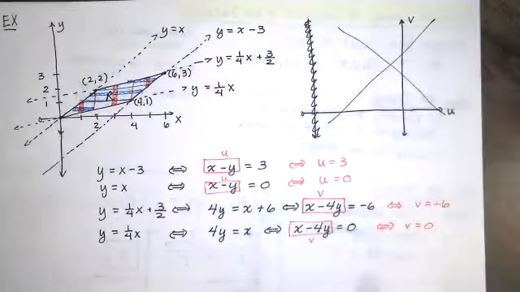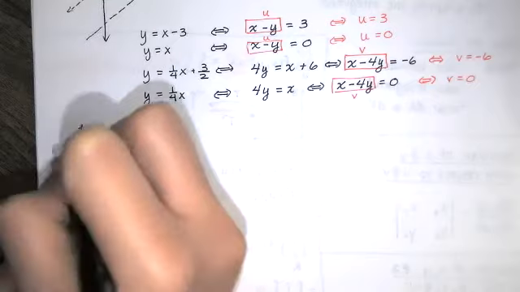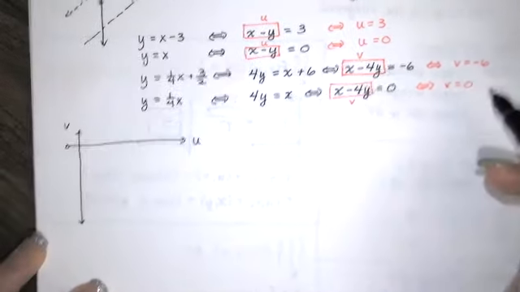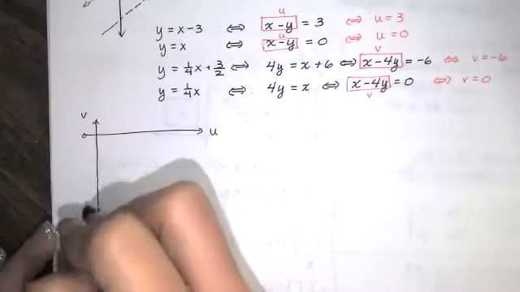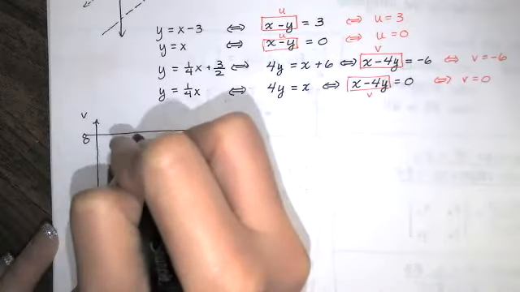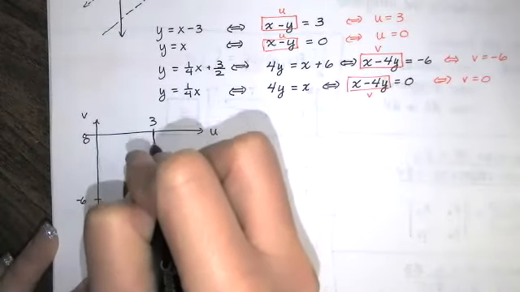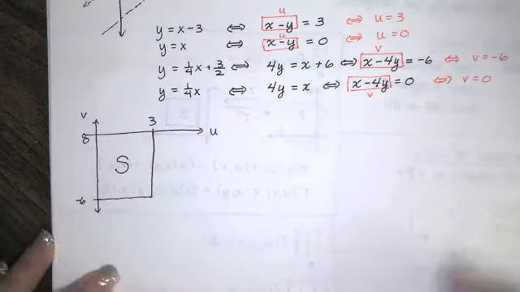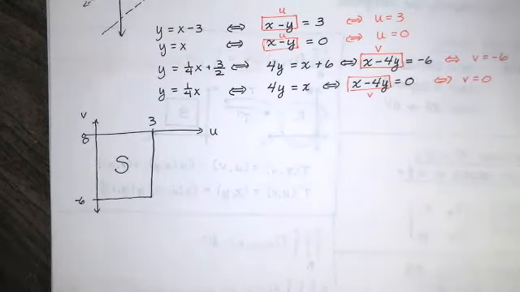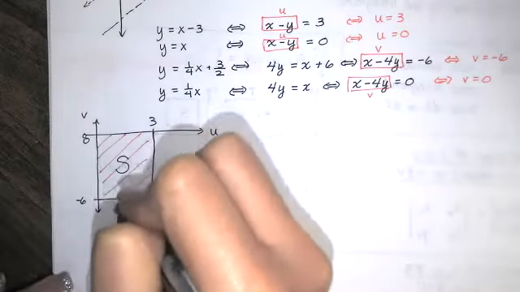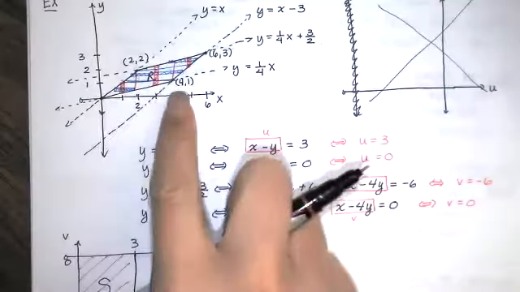Let's do this. U goes from 0 to 3. There we go. And v goes from negative 6 to 0. So that's our region S in the UV plane. Wouldn't you rather integrate over that than integrating over that?